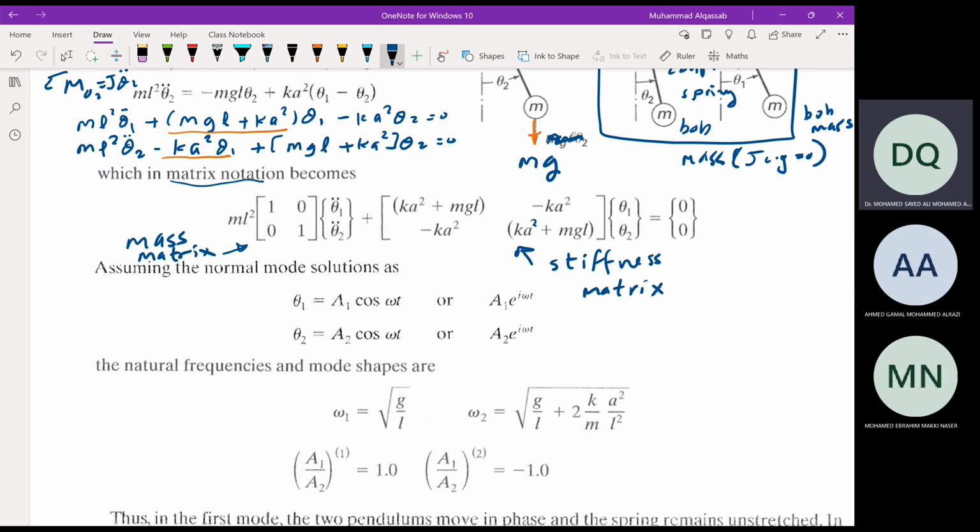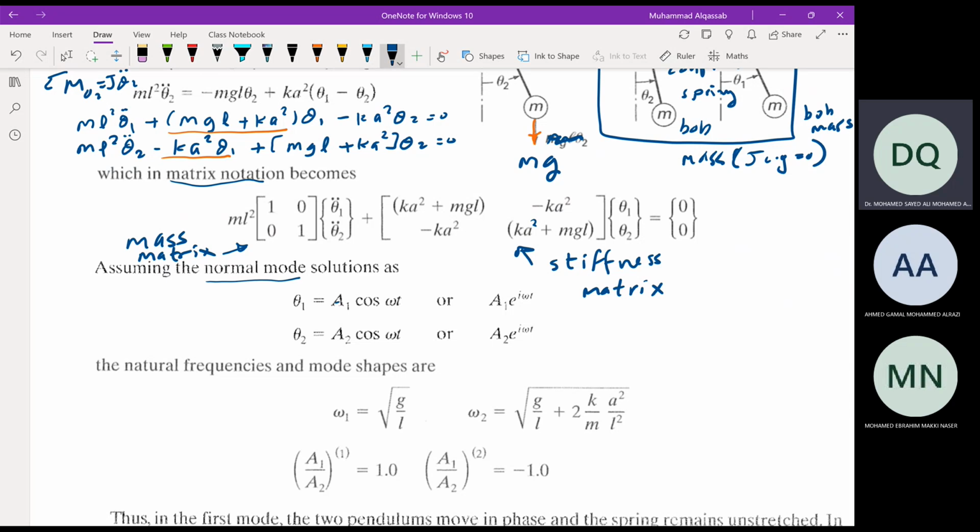Now we can assume the normal mode solution, which is theta 1 equal to a1 cosine omega t, or sine omega t, or the complex form a1 e^(i omega t). And theta 2 equal to a2 cosine omega t, or sine omega t, or you can use the complex form a2 e^(i omega t).